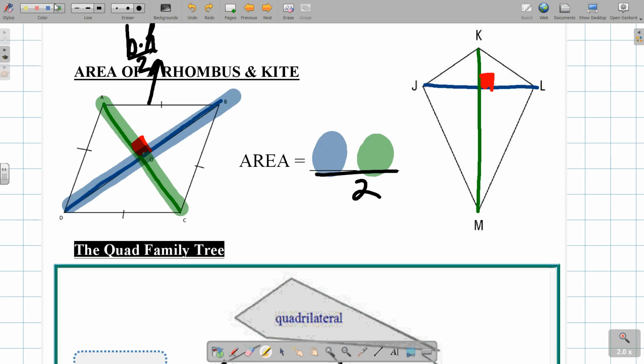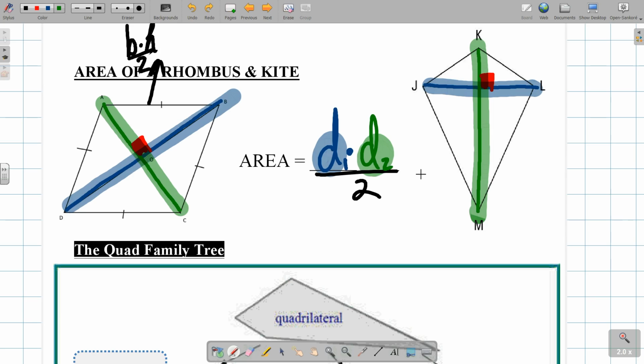Trace with me again. It's one diagonal times the other diagonal, over 2. So it's the first diagonal times the second diagonal over 2.